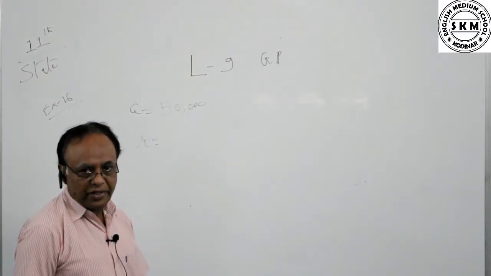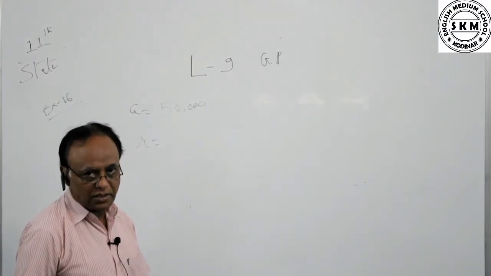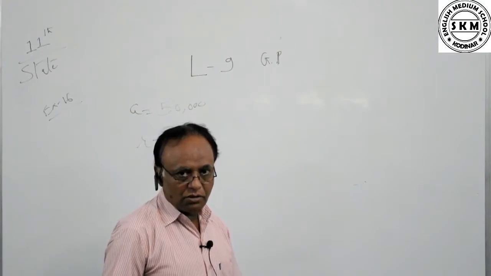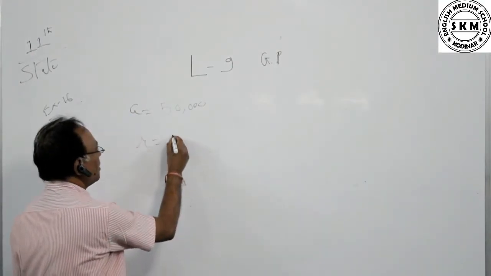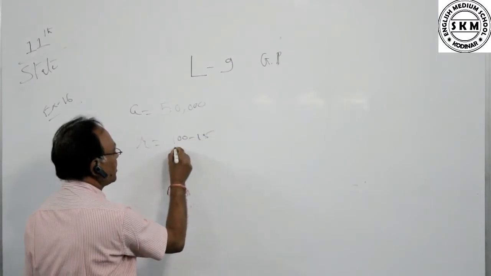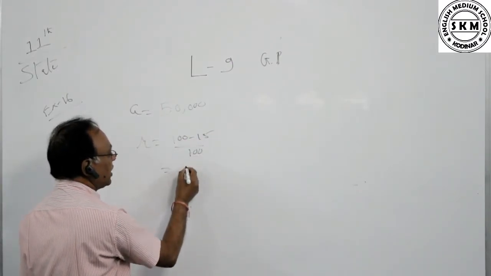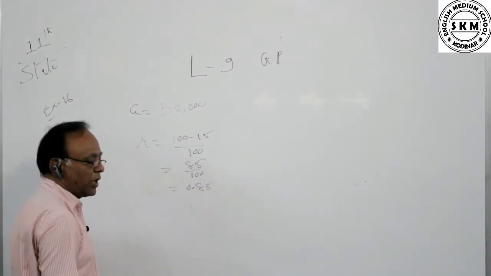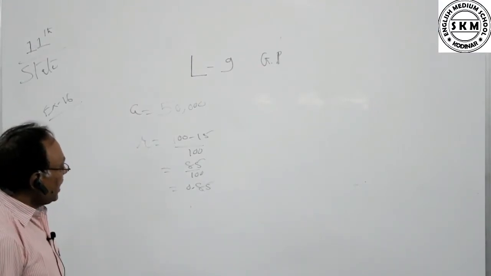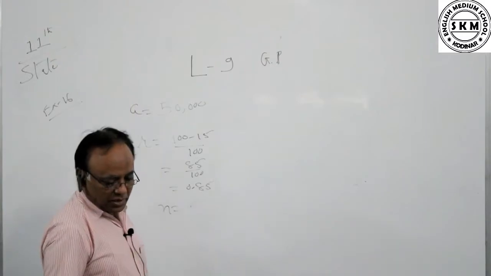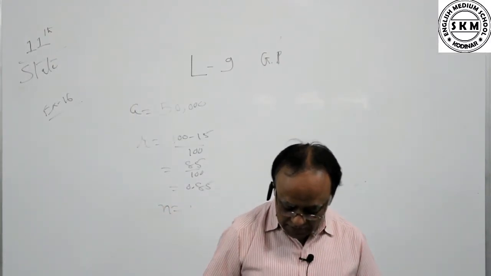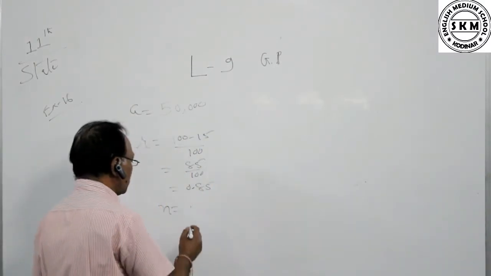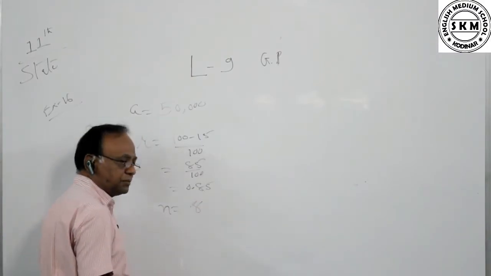In the previous examples there was an increase, so it was 100 plus. Depreciation means the value is decreasing, so it is minus. So 100 minus 15% upon 100, so 85 upon 100, that is 0.85. Now n: after 7 years, so we take n is equal to 8.